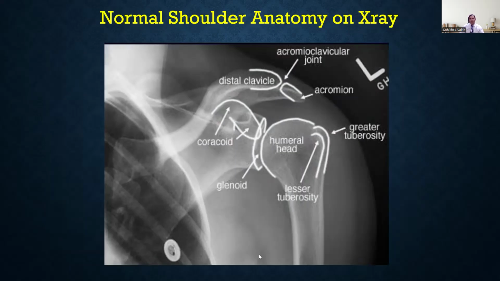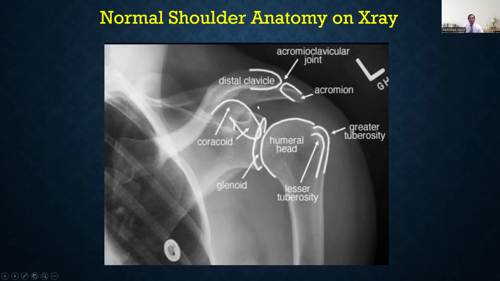Again, this is a normal X-ray of a shoulder joint, left shoulder joint, AP view, where you should be able to see the full profile of the clavicle. This is the distal clavicle, which is articulating with the acromion process. This is the coracoid, glenoid. This is the humeral head with its two tuberosities, lesser tuberosity and greater tuberosity.